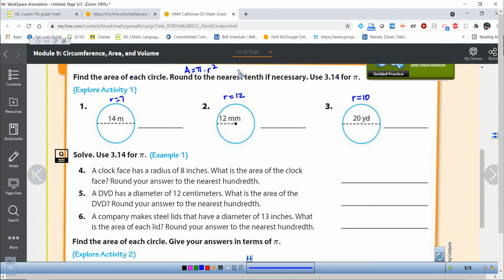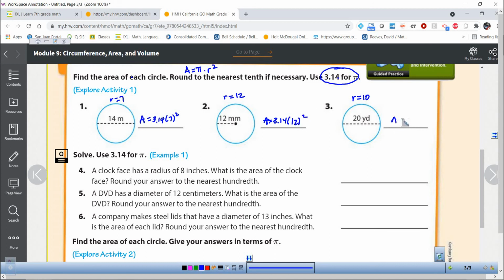Remember, we're going to use 3.14 for pi. So for this one, the area is going to be 3.14 times 7 squared. For this one, the area is going to be 3.14 times 12 squared.